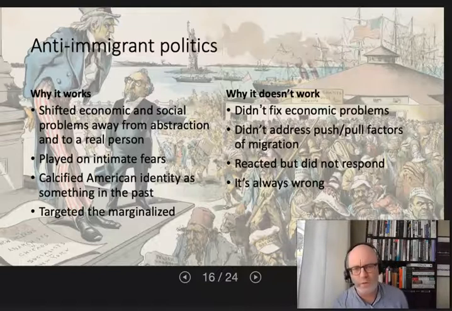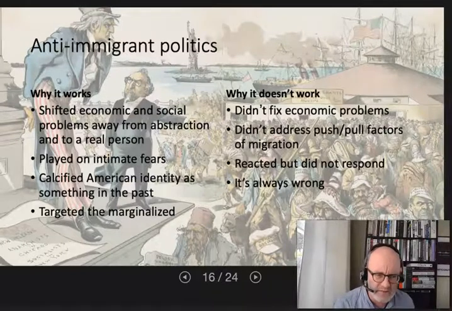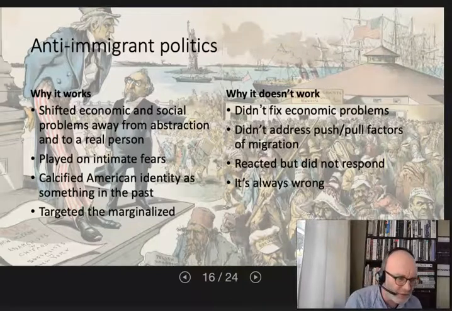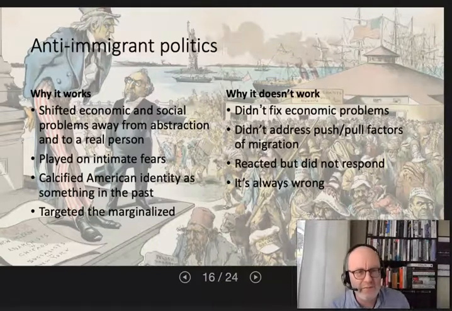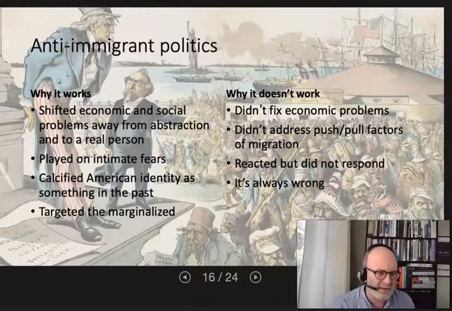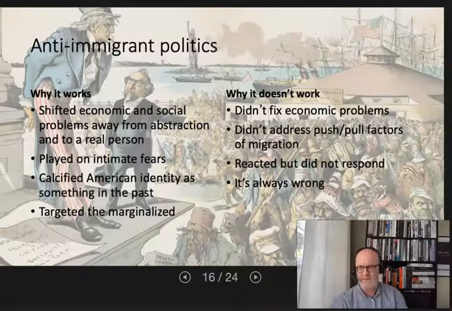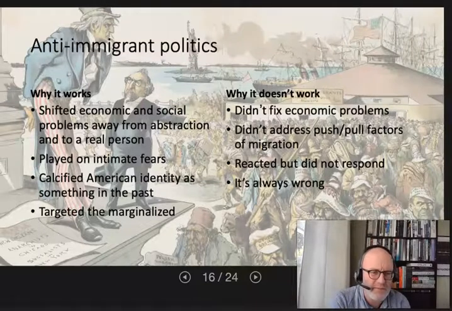It doesn't ultimately work in the end, anti-immigrant politics. They don't fix the economic problems. They don't address the demographic changes. They don't address the push and pull factors of immigration. We can look at the score sheet of history here. Anti-immigrant politics is always going to be a big fat L. If you believe in that stuff, there are no exceptions to that.